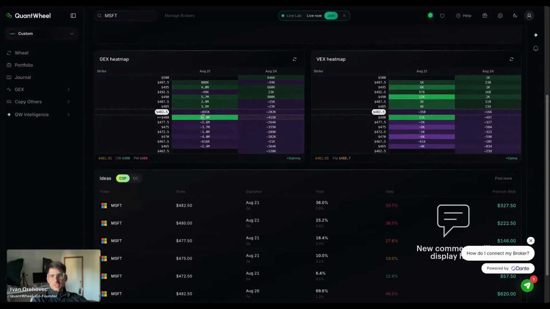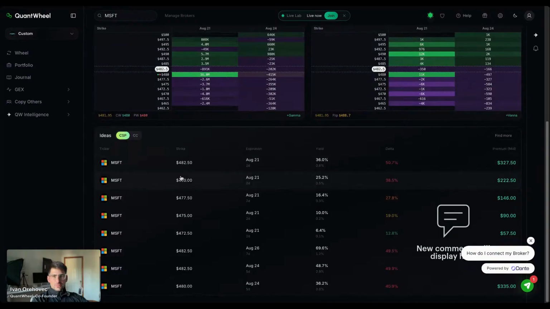There could be some good trades for Microsoft there. There's also positive VEX concentration. So on regular or slightly falling IV, I would expect it to go slightly up. So it can give you a view of the possible deals. You could basically get 327 or 30% annualized yield if you just sell the cash-secured put around this level.